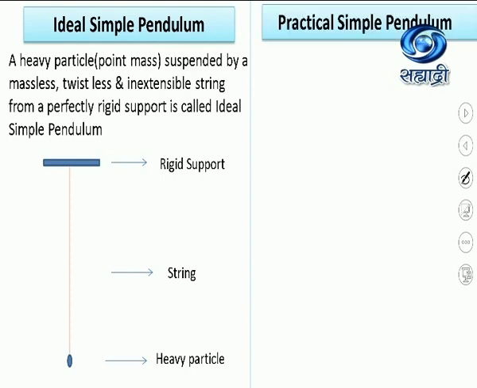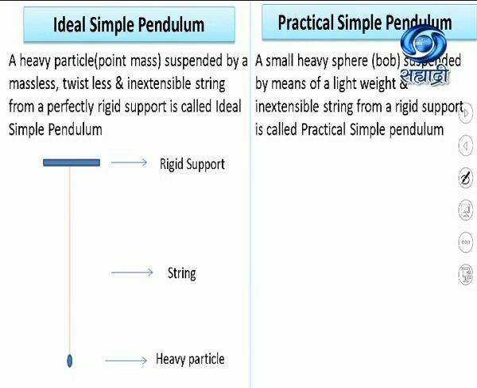So this simple pendulum is modified for practical purposes, which is called the practical simple pendulum. It consists of a heavy metal sphere, called the bob, suspended by means of a lightweight string, because the string, even though lightweight, cannot be weightless or massless.